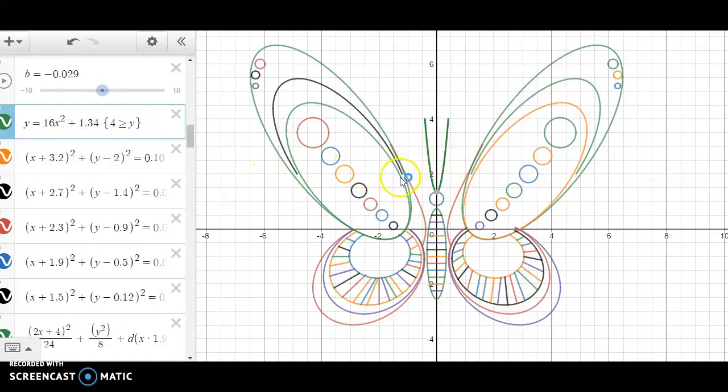I also made the graph narrower by multiplying x squared by 16 so that the a of the equation was larger.